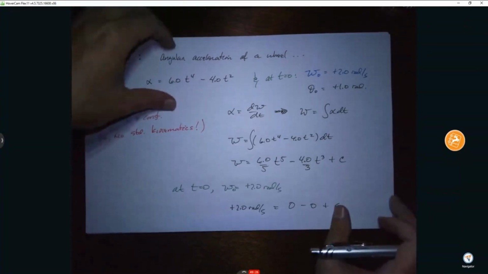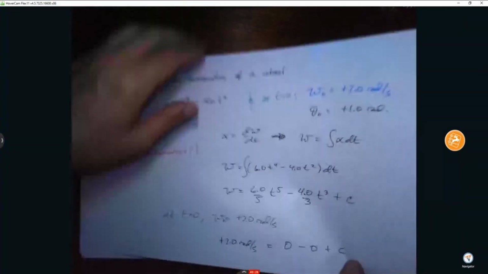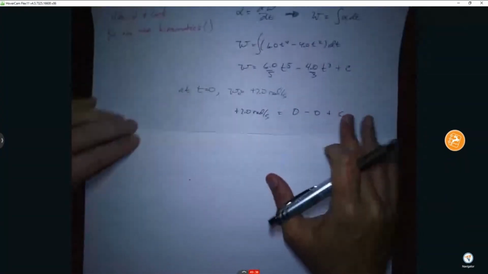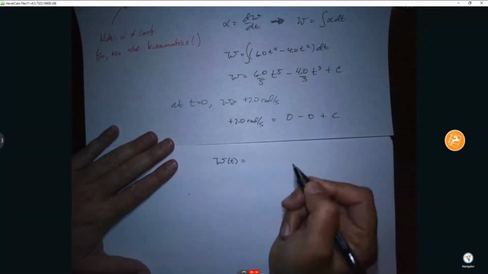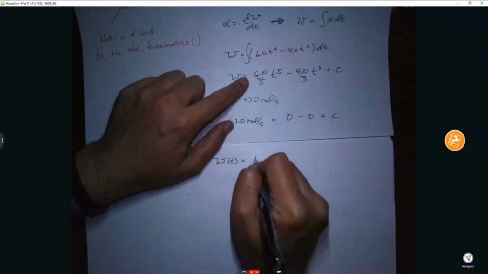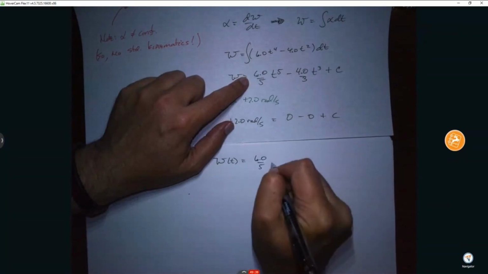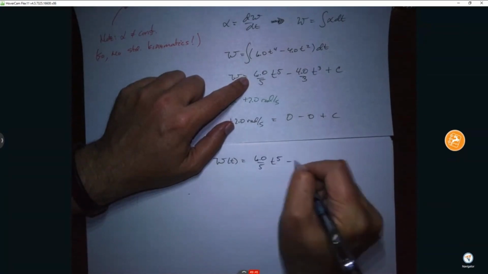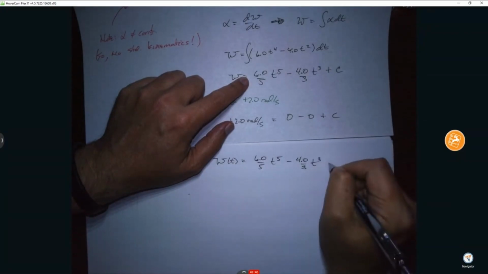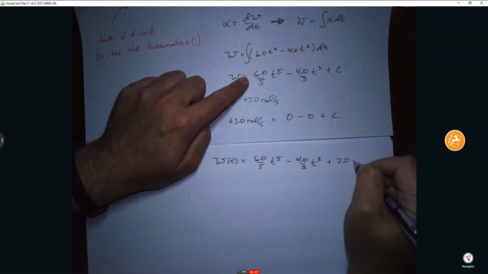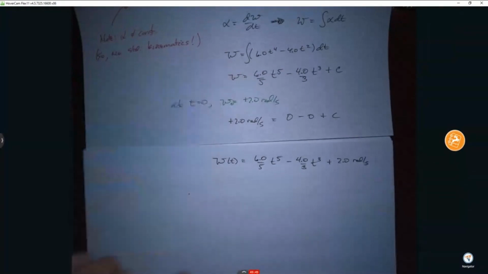So we now have omega as a function of time: 6 divided by 5 t to the 5th minus 4 divided by 3 t cubed plus 2 radians per second.